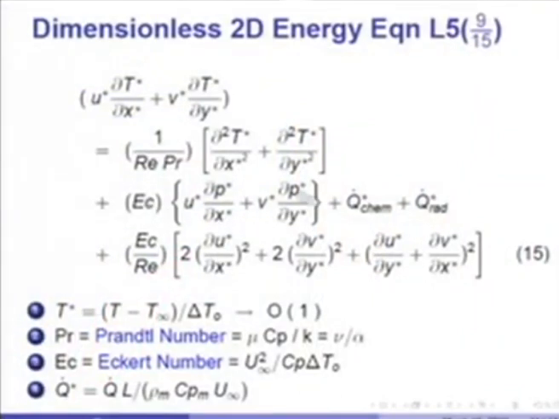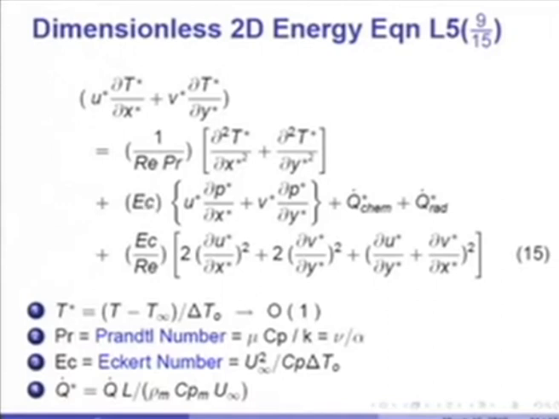What about the pressure gradient terms here? You will see only a multiplier EC. In other words, the dimensionless equation tells us that there are now 3 parameters associated with heat transfer. One is the Prandtl number, the other one is the Reynolds number, and the third one is Eckert number.